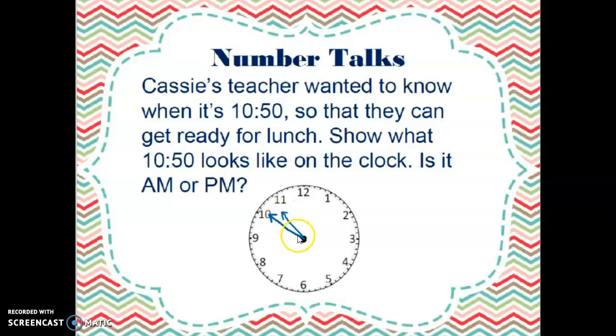So this is how the clock would look when Cassie tells her teacher it is time to get ready for lunch. Now, the second part of our question is asking, is it AM or PM? Let's think about this. At 10:50 AM, would it be daytime or nighttime? Remember, we're getting ready for lunch. We know that PM means evening and afternoon.